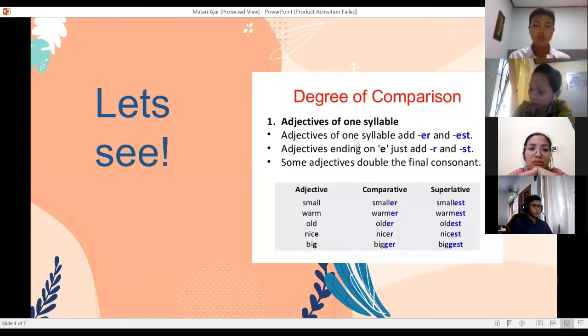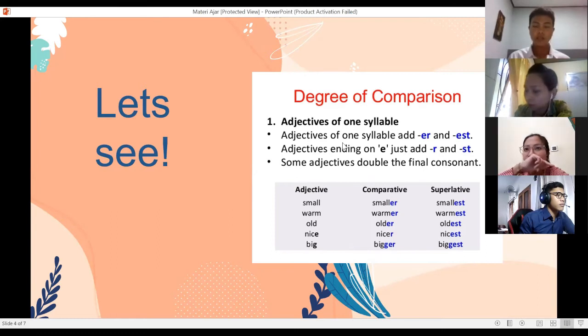You can use the adjective by adding er or est. For example, small: comparative smaller, superlative smallest, and so on. You can see it in this slide.